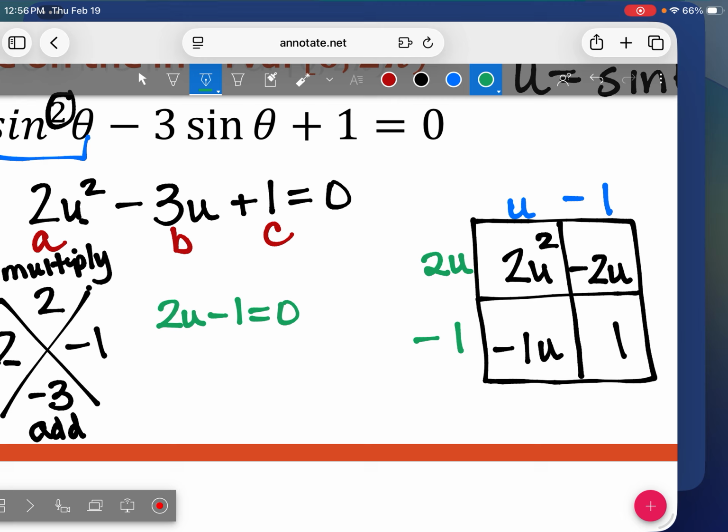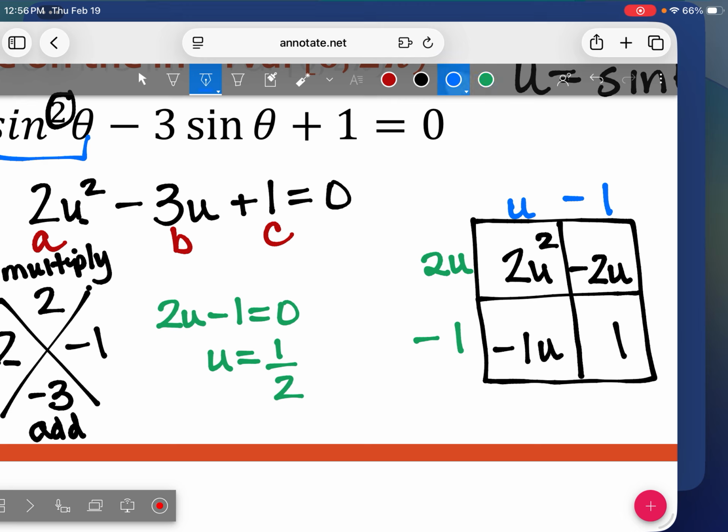Absolutely. I forgot to mention that. If you were in honors, did you take honors algebra 2? Yeah. So if you were in honors, you probably learned a different way. Do whatever way you want to do. I don't care. It's the same thing, period. So what did you get? u equals what? 1/2. Okay.